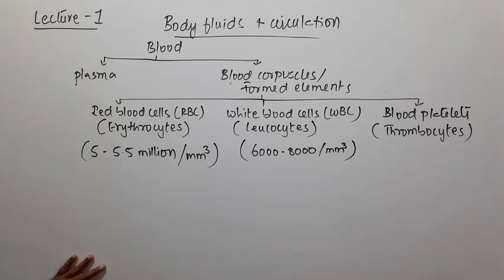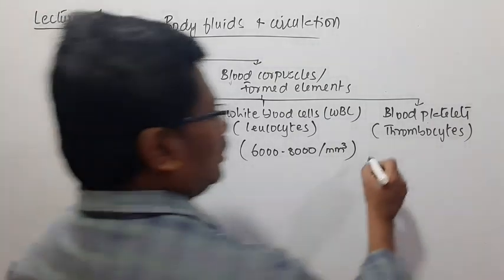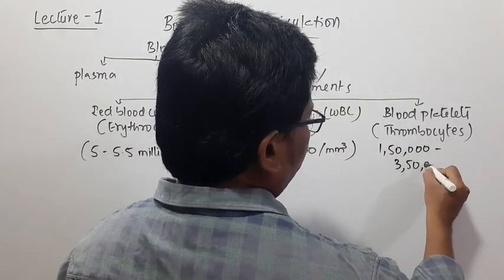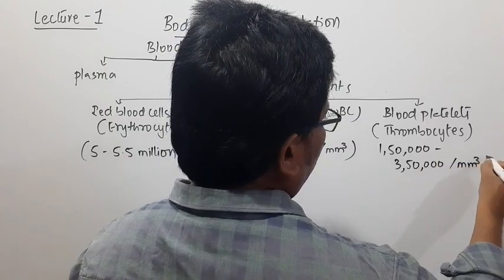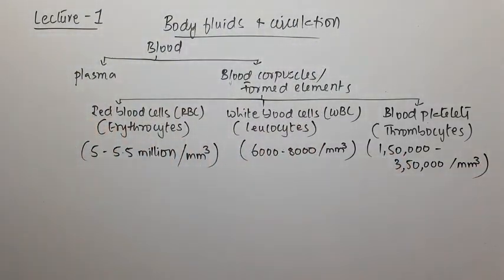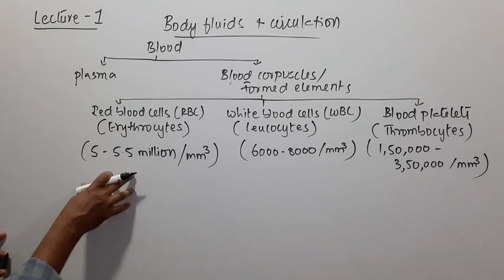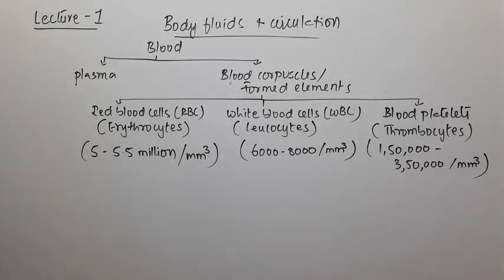And in the case of thrombocytes, the value is around 1,50,000 to 3,50,000 per cubic mm, right?